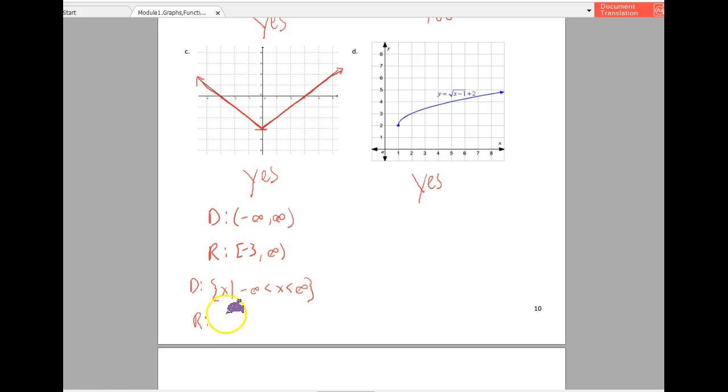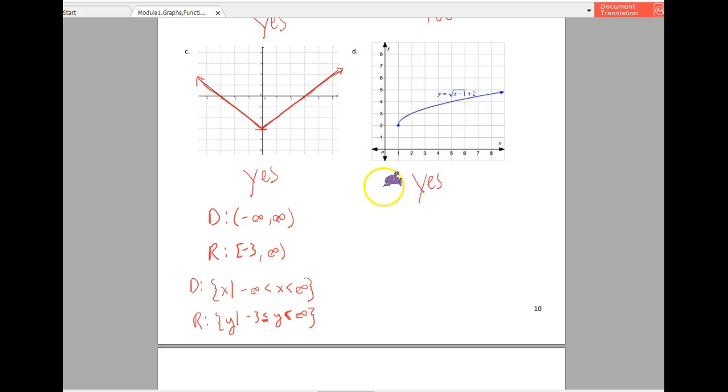And the range would be all the y values starting at negative 3 less than or equal to, because I'm including negative 3 as part of my answer, and up to infinity. Again, just using the less than here because I'm not including infinity as a number.